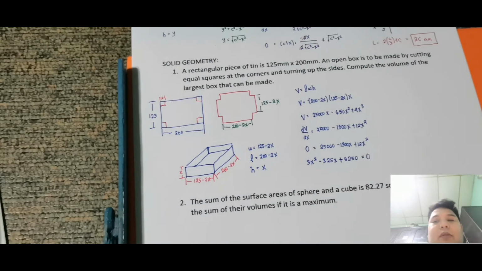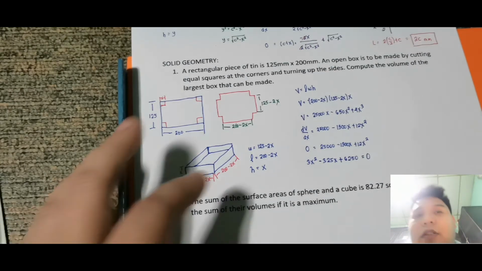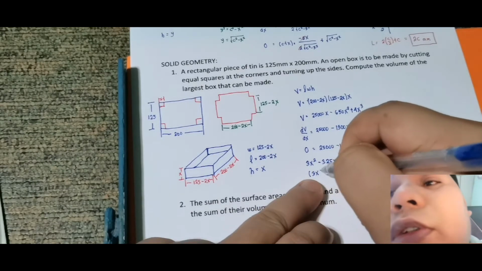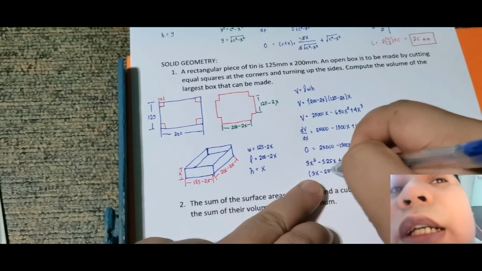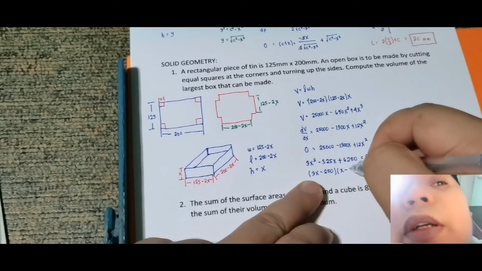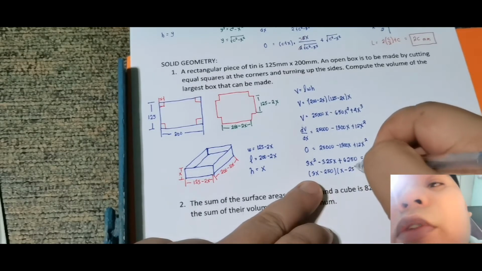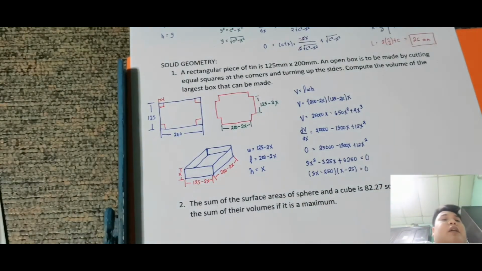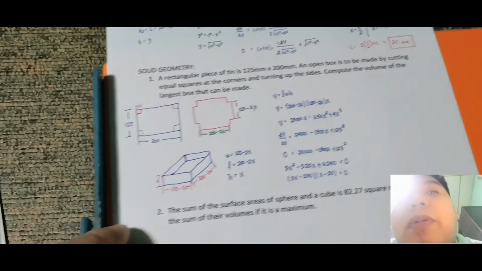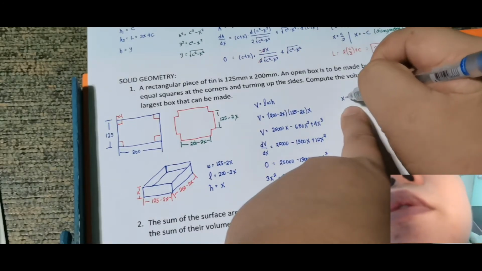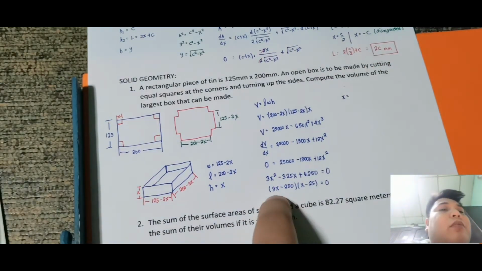Okay, then again by factoring. What do we do by factoring? I'm skipping the methods we already know, since there are calculators that can solve this, or we have tools or formulas. The factor is (3x minus 250) times (x minus 25) equals 0. Then by the zero product property, the first x is equal to 250 over 3.